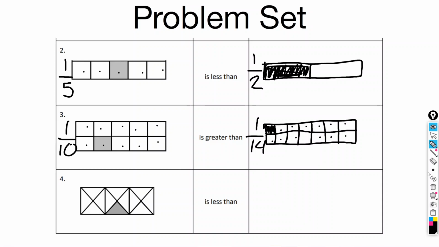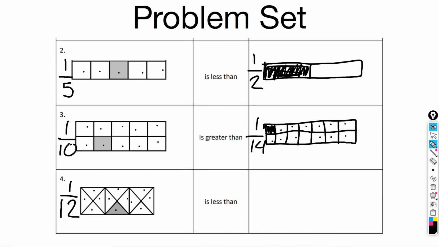Now number 4. Number 4 has one piece shaded out of 4, 8, 12. And it says 1/12 is less than. Well, we know if this is the smaller piece, then we just need to have a number on the bottom that is smaller.